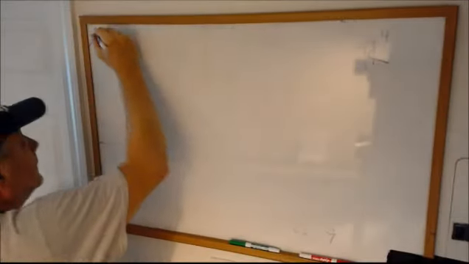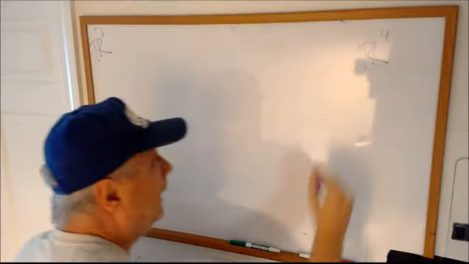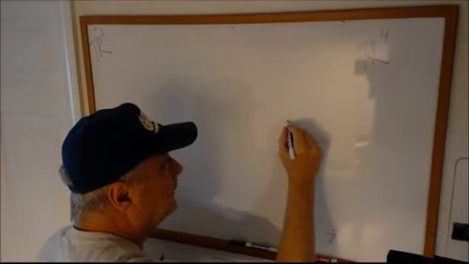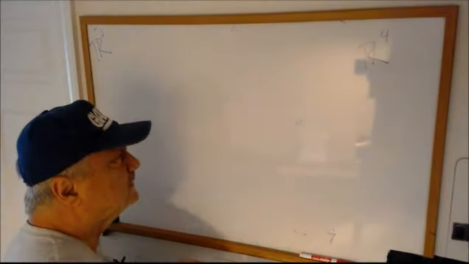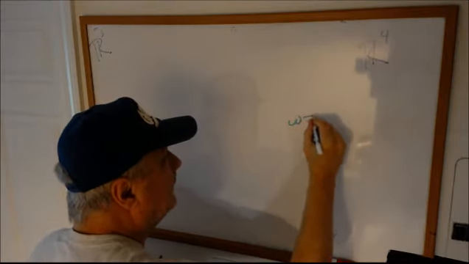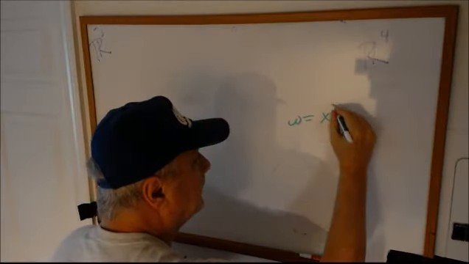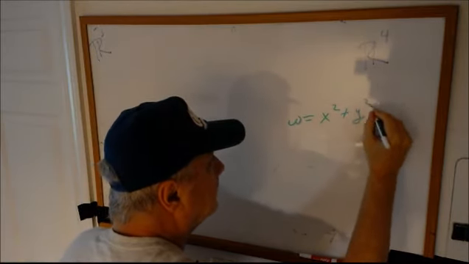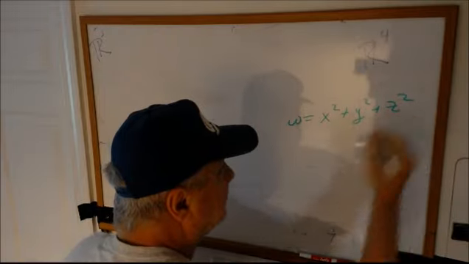R4 to R3, and I'm going to use a similar writing. W is now a function of x, y, and z, and I'm going to write it x squared plus y squared plus z squared.